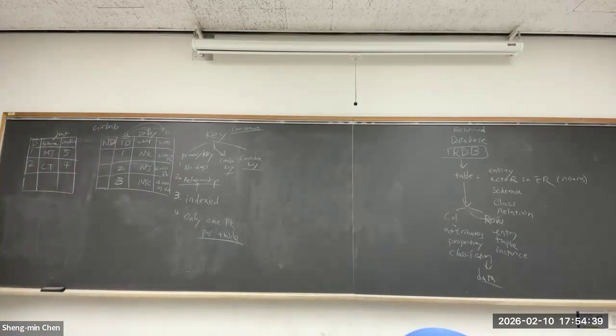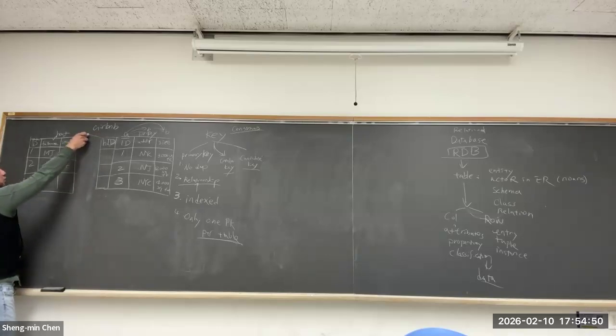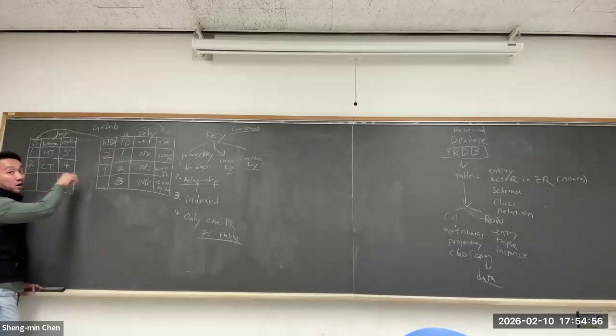HID is short for host ID. Okay? And that ID is basically referencing this primary key. Right? And so I have 2 here and have 1 here.